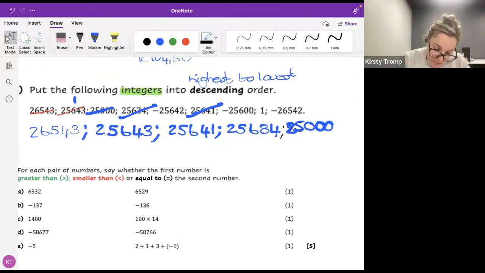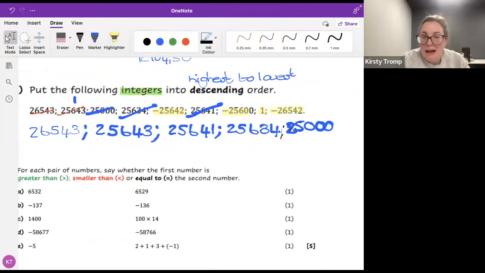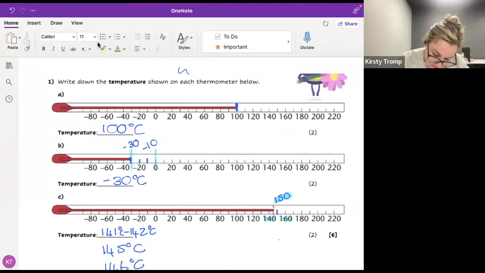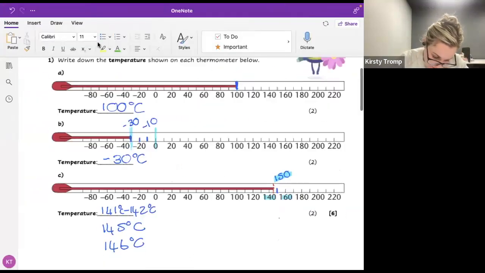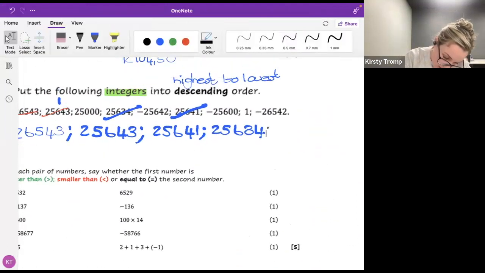If I look at my remaining numbers, out of all of those, the one that is definitely the biggest is the number 1.